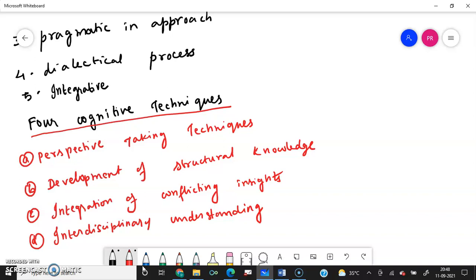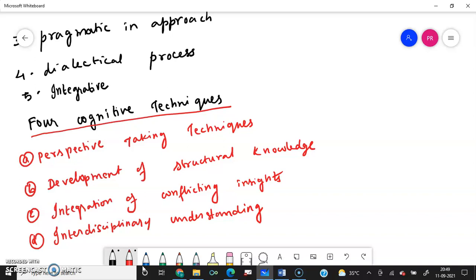Suppose a student is studying a particular problem about migration, then you can see the viewpoint from history, what are the trends of migration. From geography, different areas, how the migration takes place, for example, from the village to the cities, how people migrate. And this is known as two types of migration, pull and push effect.